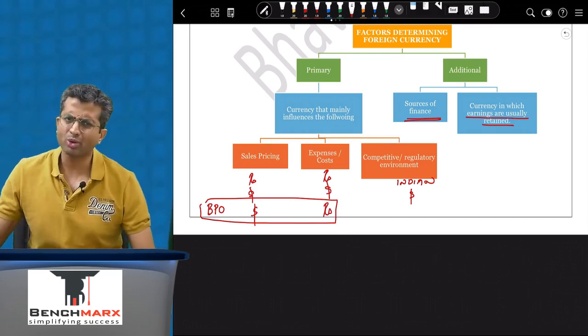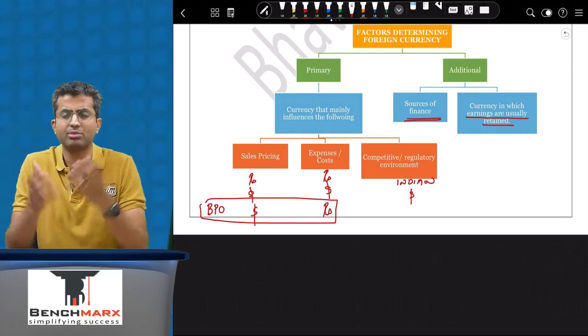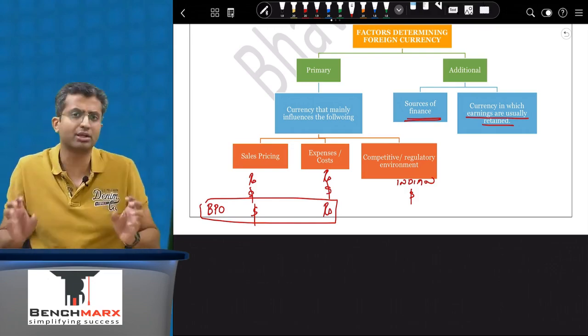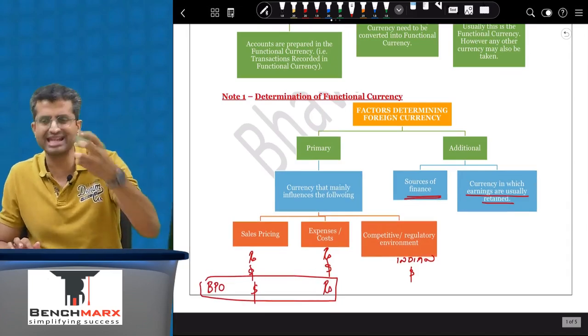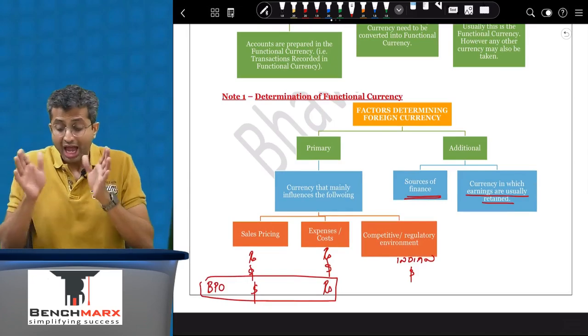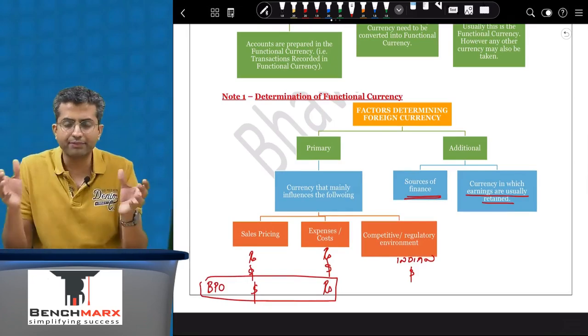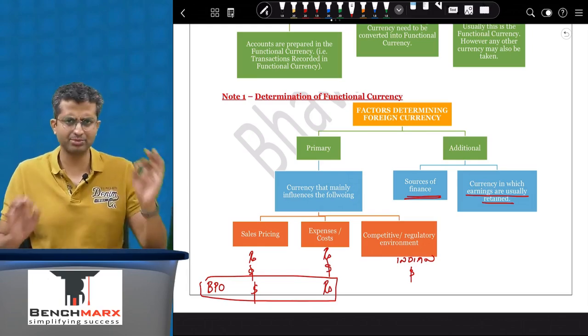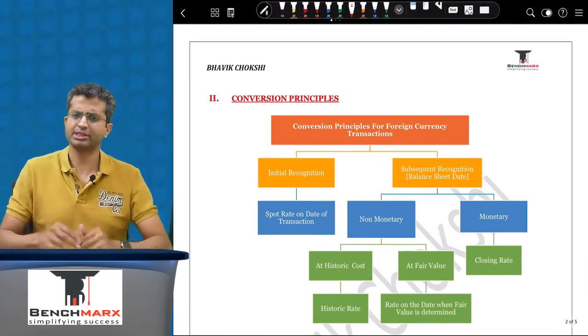As you would see by now, there is a fairly high degree of subjectivity, which is fact based, and hence the institute has incorporated a few case based illustrations in the study material which you can refer to. However, in the exams, they have not really come up as often because of the high degree of subjectivity. Having said that, we have discussed how to identify the functional currency.